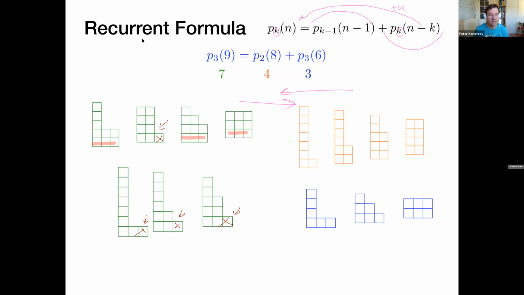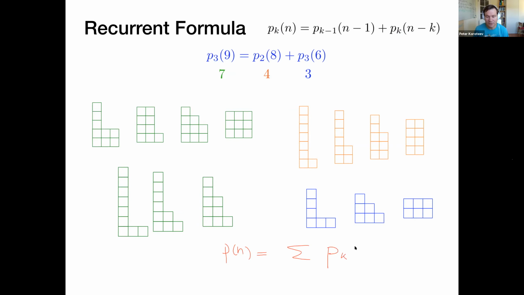Now, as you can see, you can use this to find P of n, and it will be one of the homework problems. So say you have P of n, which of course is the sum of all restricted partitions of n. So you take the sum. Now you can calculate this using the recursive formula and using the table.